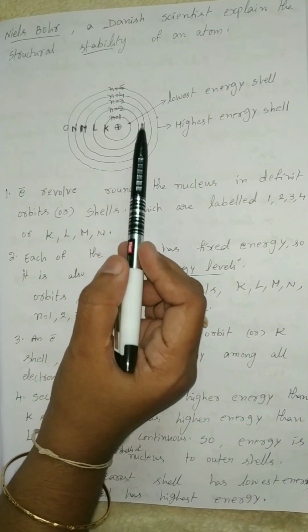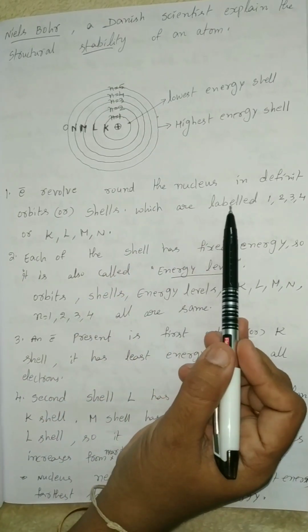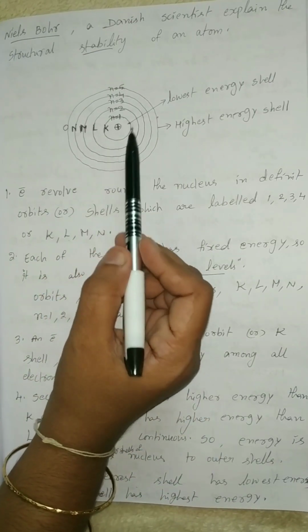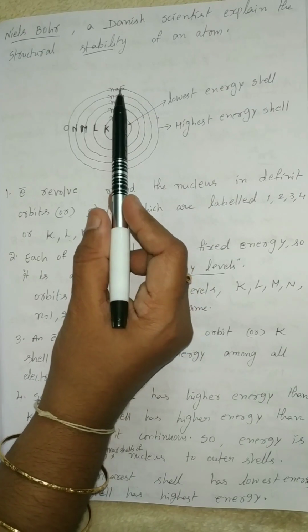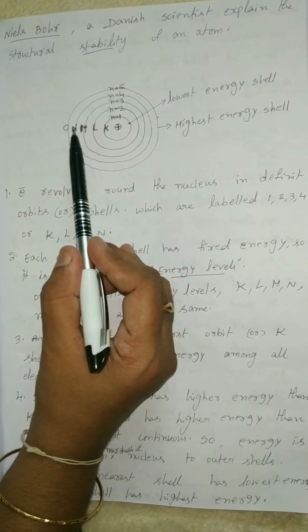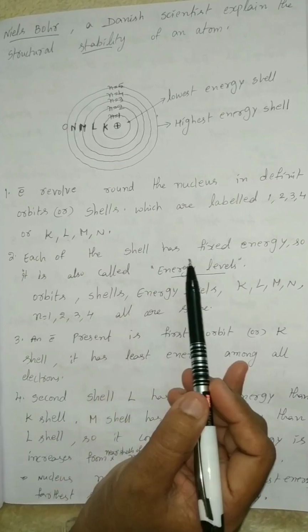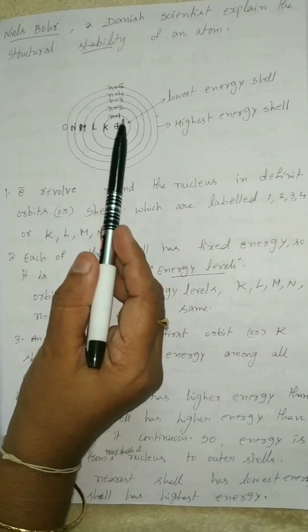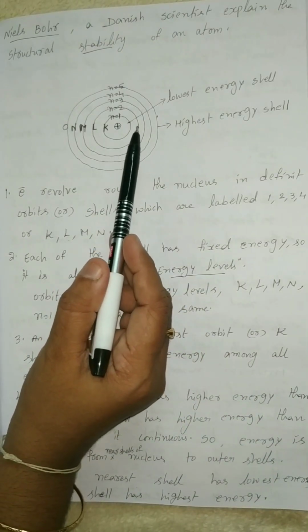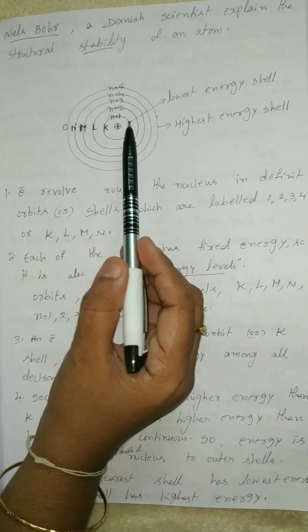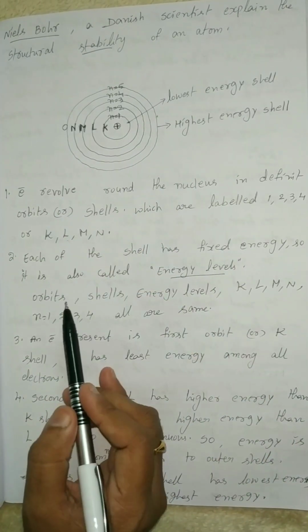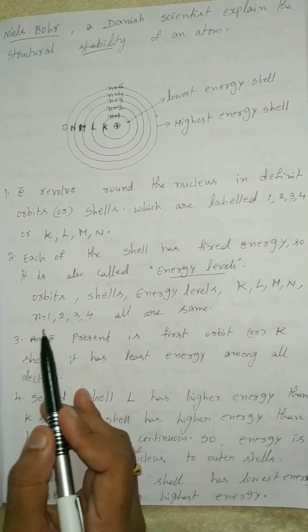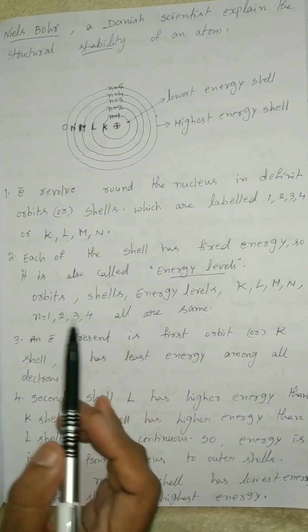These orbits or shells are labeled 1, 2, 3, 4, 5 or K, L, M, N, O. Each shell has a fixed energy, so it is also called an energy level.